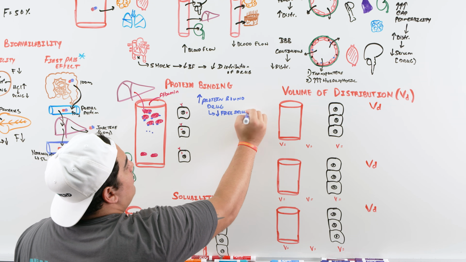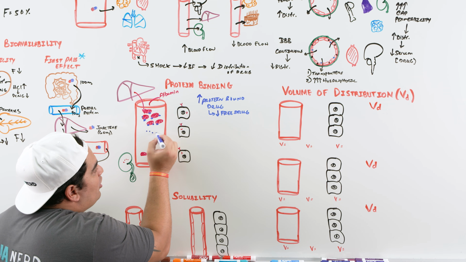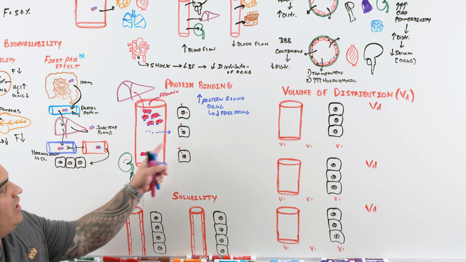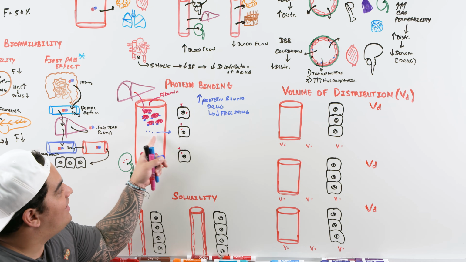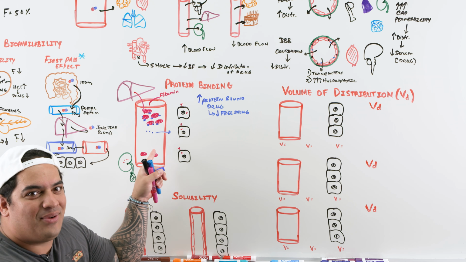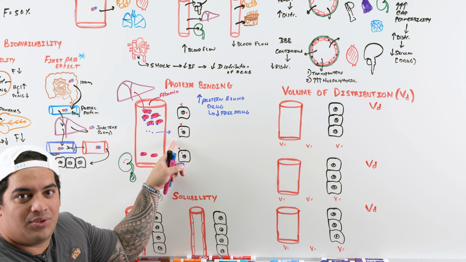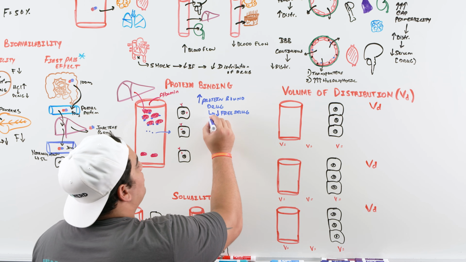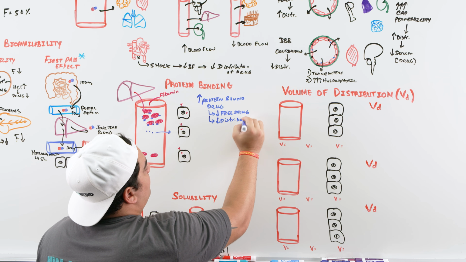And so because of that, this is all that you have to be able to distribute or move out of the bloodstream into the particular tissues to exert its effect. So therefore, what happens to the distribution of this drug? Would it increase or decrease? Well, the amount of drug that I'm actually delivering to the tissues is going to decrease. So I'm going to decrease the actual distribution.